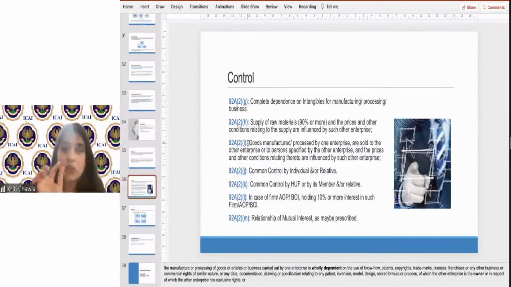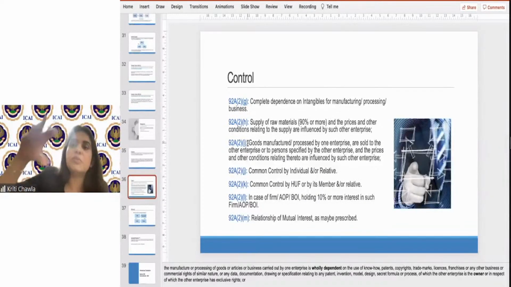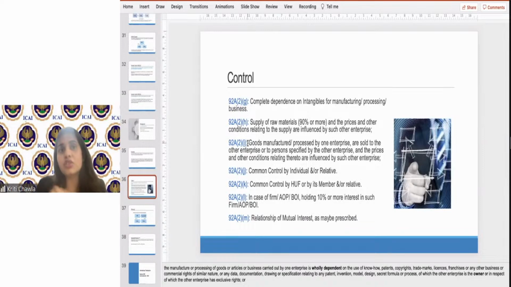Now, section 92A2I is so widely worded because there are so many transactions between enterprises wherein one enterprise just delivers all the goods manufactured to the other enterprise, well, then they become associated to each other. So yes, it is very wide.